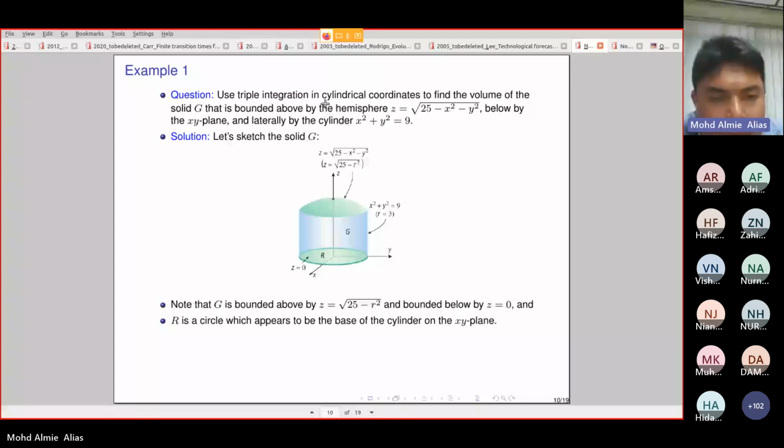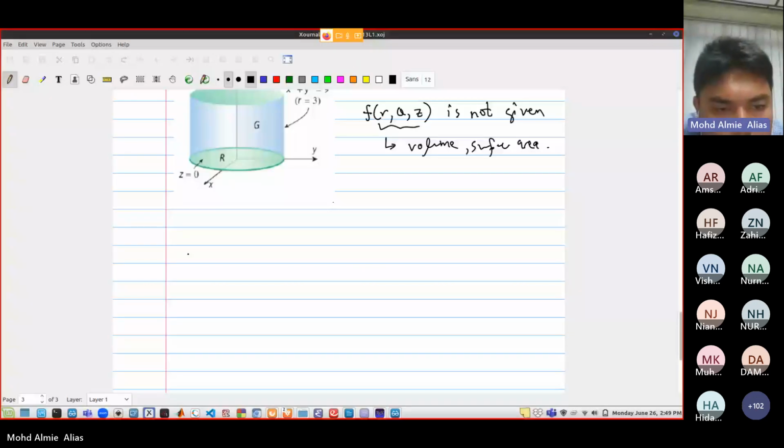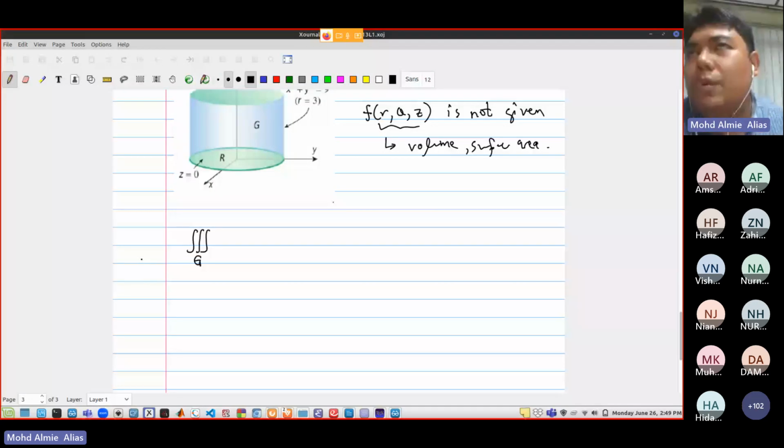So let's write the formula. We have the triple integral over G of the function 1, because when you want to find the volume by using triple integration, your integrand will be 1.